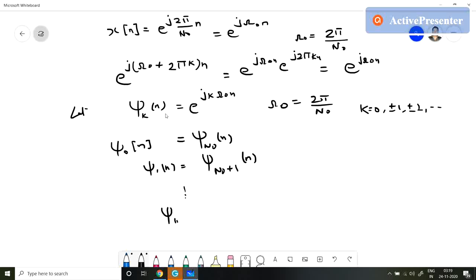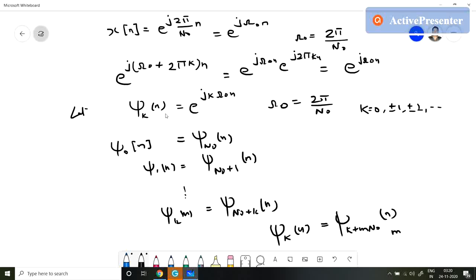We have psi k n equal to psi k plus n naught n, just using the periodicity property. So in short, psi k n is equal to psi k plus m n naught n, where m is an integer.